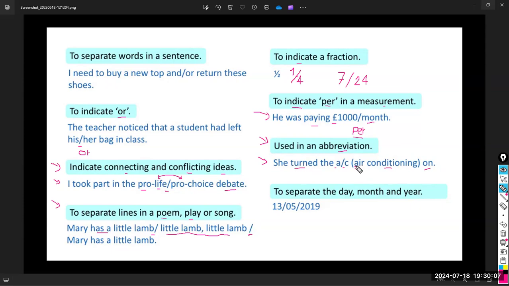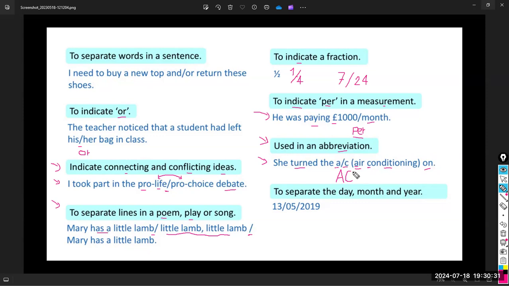I took the first letter of the first word and the first letter of the second word together to write AC. You have another solution if you don't want to write slash: write them capitalized like this. If you want to write them capitalized, it's correct. And if you want to use a slash between them, it is correct too.